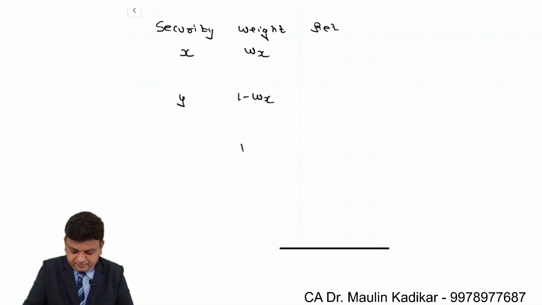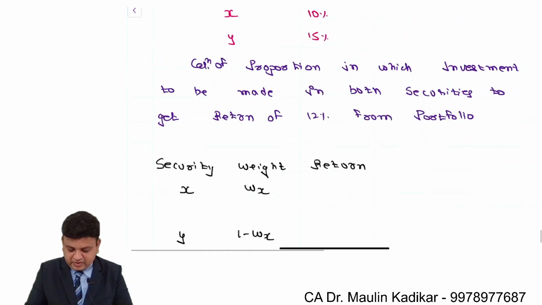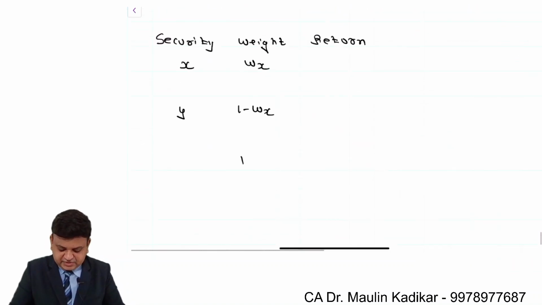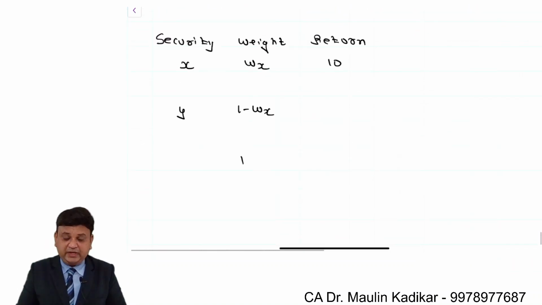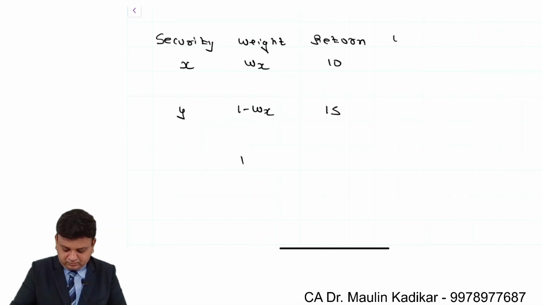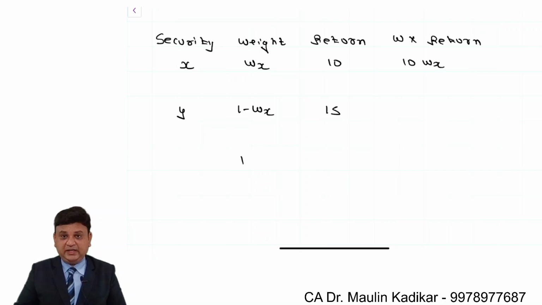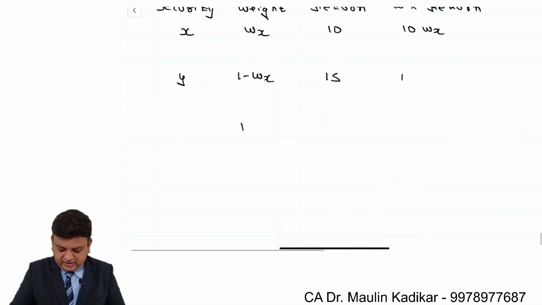Return: for security X the return is 10%, and for security Y it is 15%. Weight into return: it is 10 WX, and for the other one it is 15 minus 15 WX.